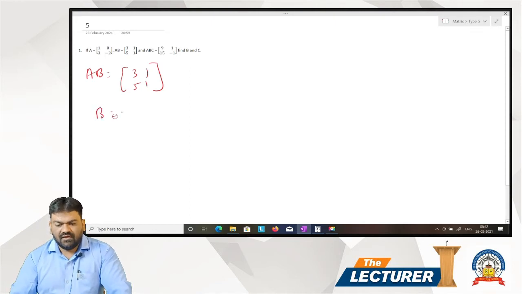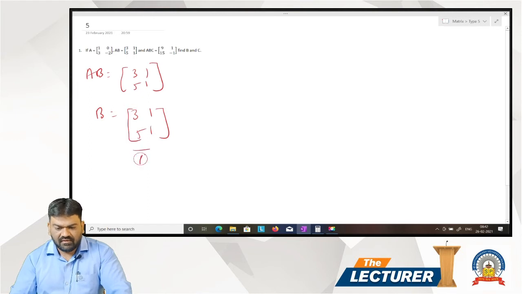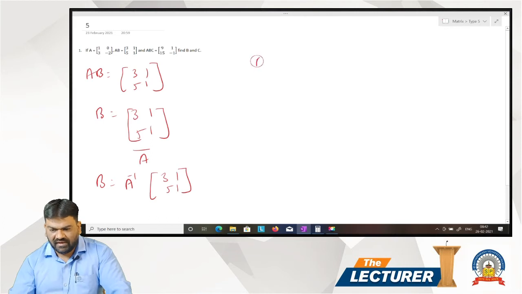So B is equal to [3 1; 5 1] divided by A, so B is equal to A raised to minus 1 multiplied by [3 1; 5 1]. So first we have to find out A raised to minus 1, that is adjoint of A upon determinant of A.